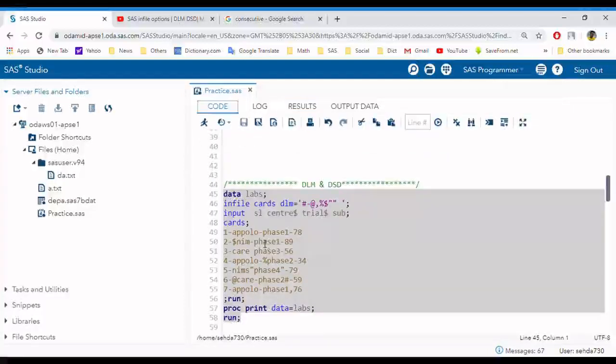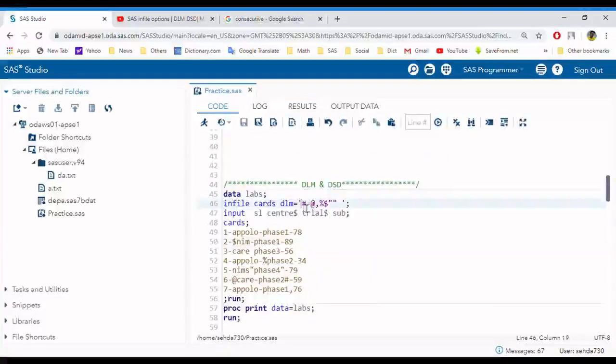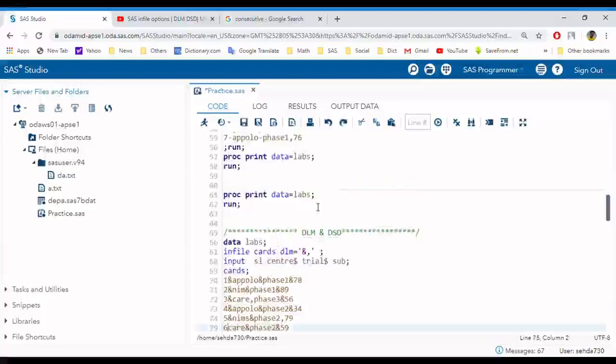So it can consider n number of things to be a delimiter irrespective of any order. For example, it's not mandatory that hash should come first and then dash and at the rate. No, it can be any order.